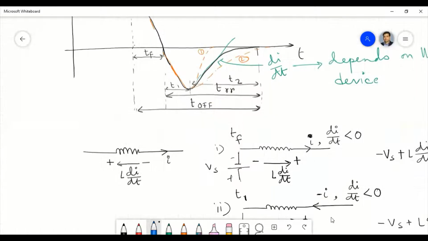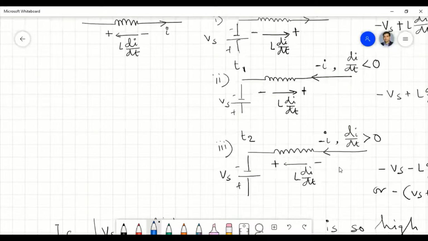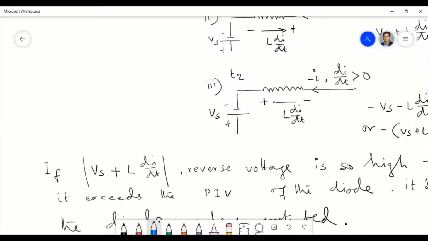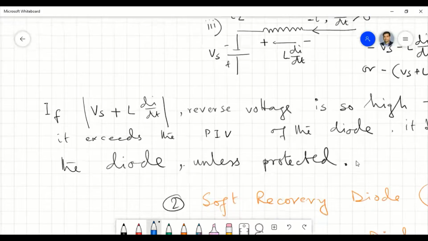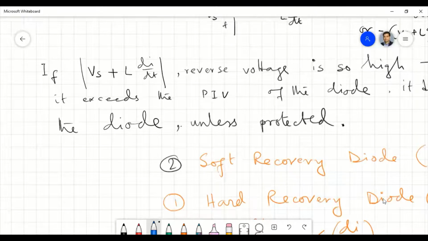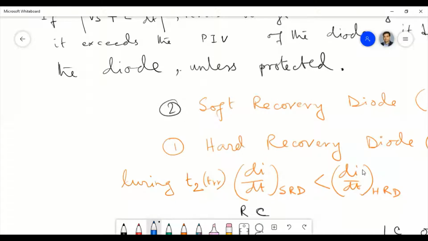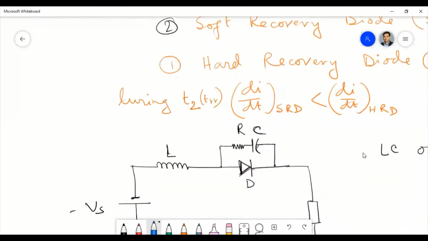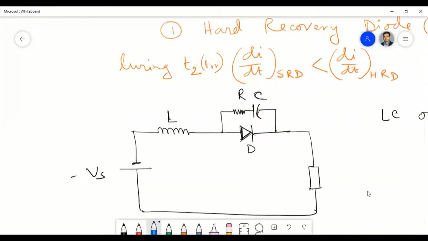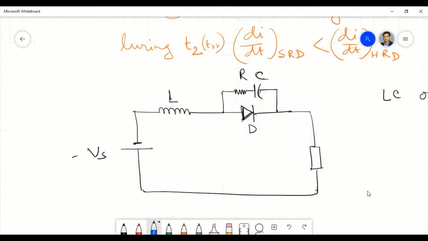And how we can avoid this kind of di/dt overvoltage by using a snubber circuit. So up to this we discussed in the last class. If you have any doubt, you can ask on this.